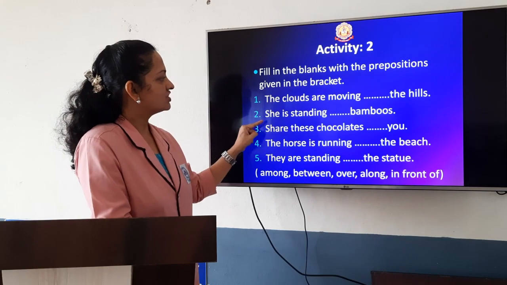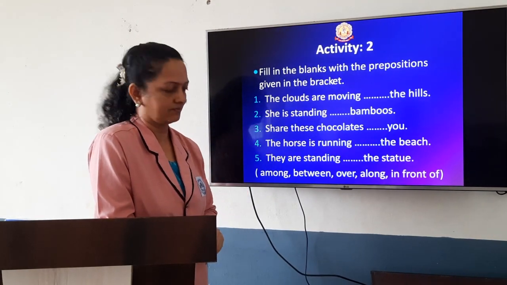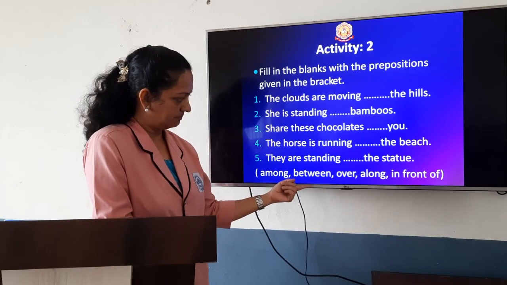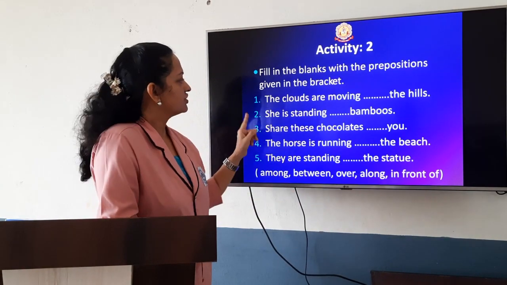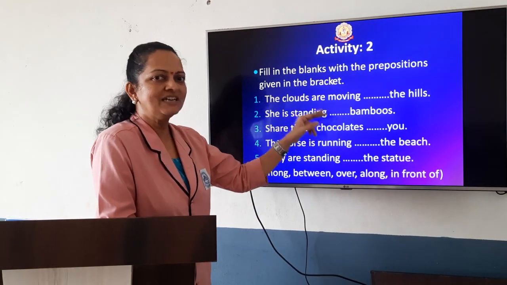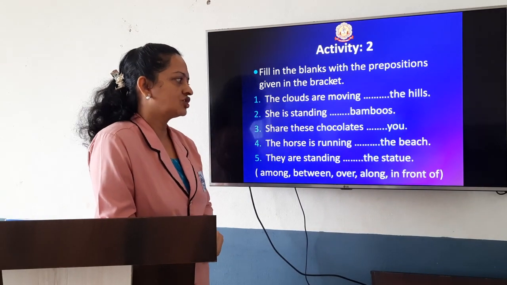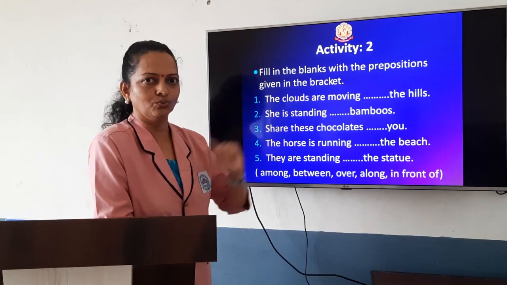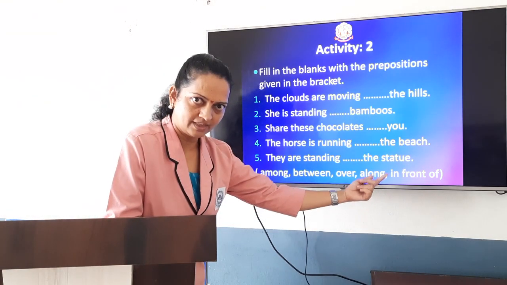Next sentence. She is standing dash bamboos. Among, between, along, in front of. She is standing between the bamboos. Okay. Next. Share these chocolates dash you. Among, along, in front of.